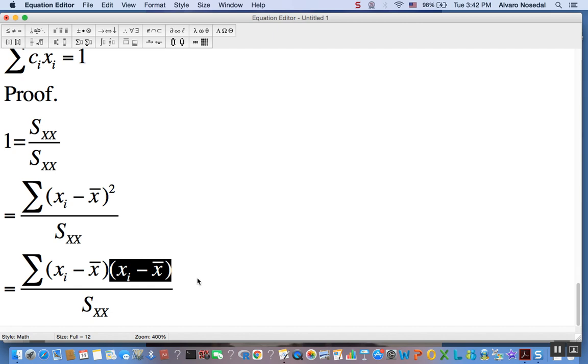You guys agree? Now, you remember that to show that beta1 hat is a linear combination of the yi's, we had something similar. We had yi minus y bar, and we ended up with the sum of xi minus x bar times yi back then, right?